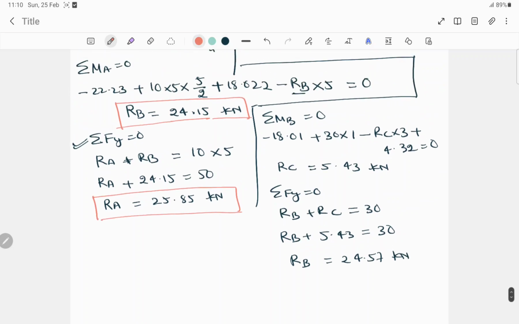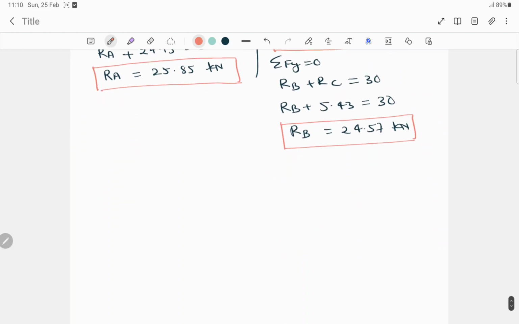Now here also we have the value for RC, that is 5.43, and for RB it is 24.57 kilonewton.